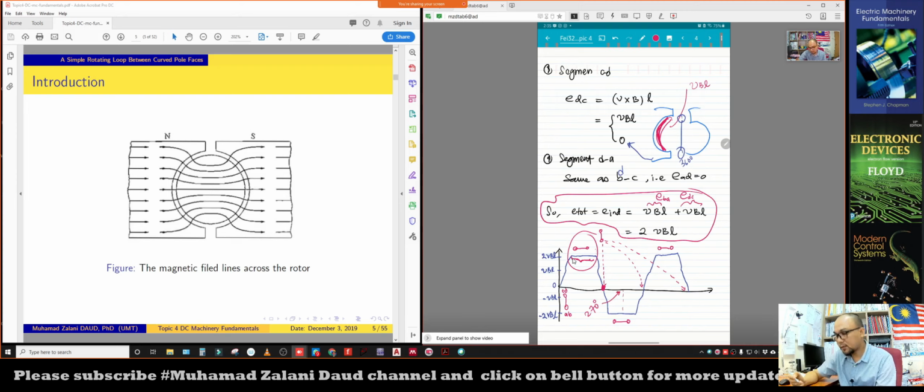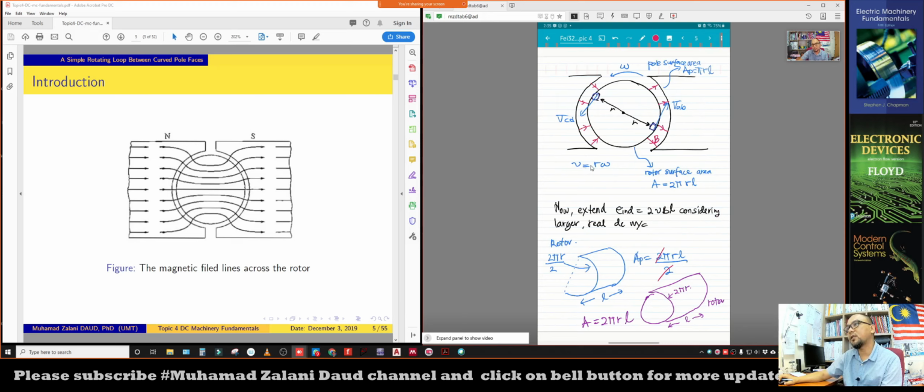It will be negative VBL at segment AB, and then back. So we can say that the output of the induced voltage behaves like a sinusoidal voltage waveform like this.